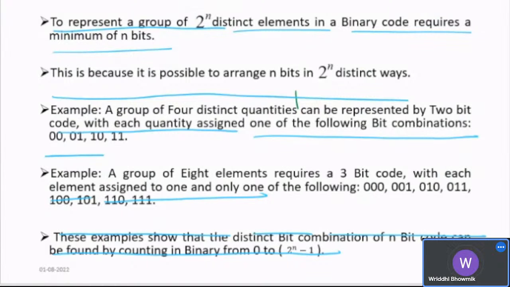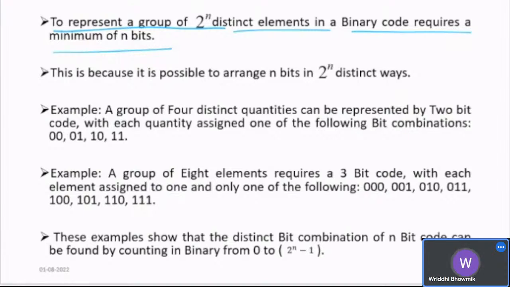You see, a group of 4 distinct quantities can be represented by a 2-bit code: 00, 01, 10, 11. A group of 8 elements requires a 3-bit code, these are simply 000, 001 and so on.